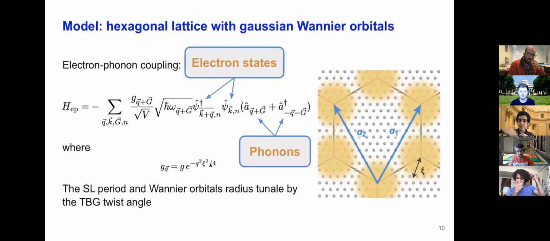One of them is when two lattices vibrate in the same direction, symmetric, and there's also an anti-symmetric mode. The one that I'm talking about is symmetric, because it is not changing where my Moiré points are.